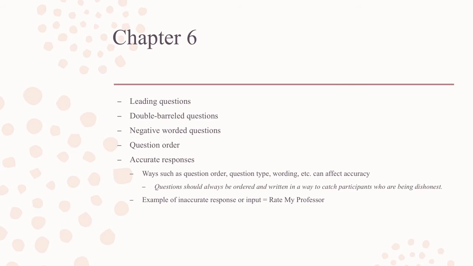Question order also can affect the results and your interpretation. This is a silly example, but let's say, do you like chocolate ice cream is the first question, and the second one is, do you like ice cream? Well, yeah, of course.